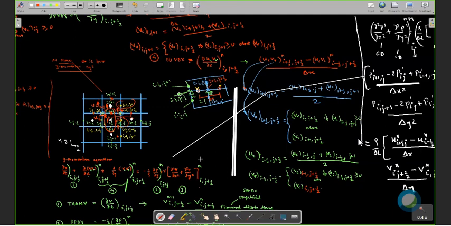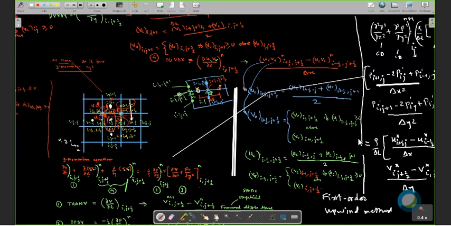So this method which you have seen here is called the first order upwind method. First order upwind method means only one point is considered. Suppose you want to find out the values at this point.